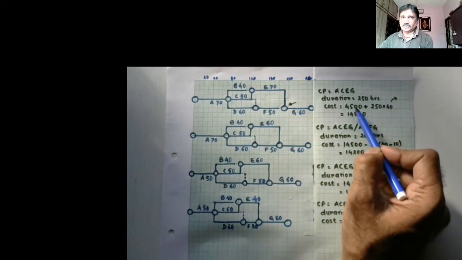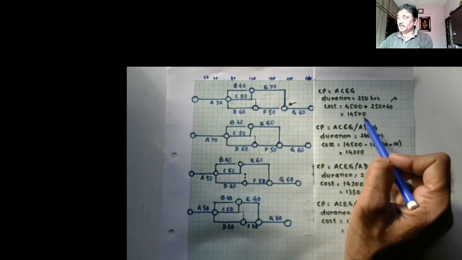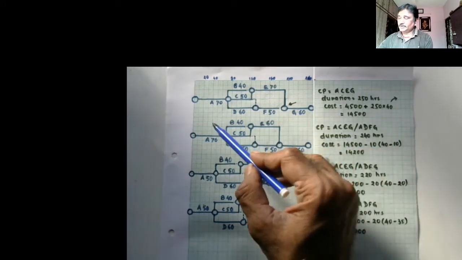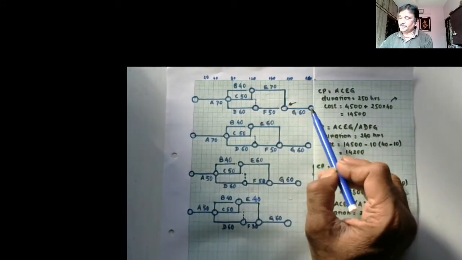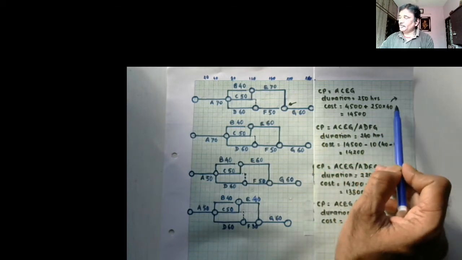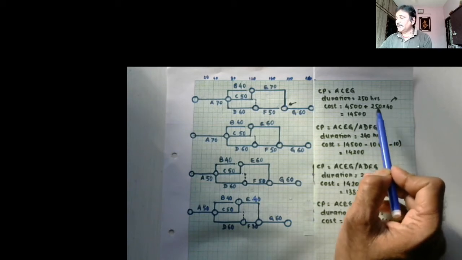4,500 is the direct cost, and there is indirect cost, which is charged on an hourly basis, 40 per hour. And your project lasted for 250 hours. So 250 into 40 is the indirect cost, which comes equal to 10,000.